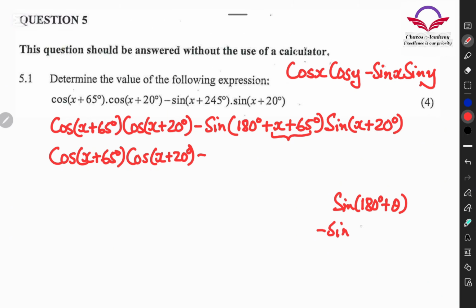That should be minus sine of theta. So meaning that here we're going to have negative sine x plus 65, sine x plus 20.